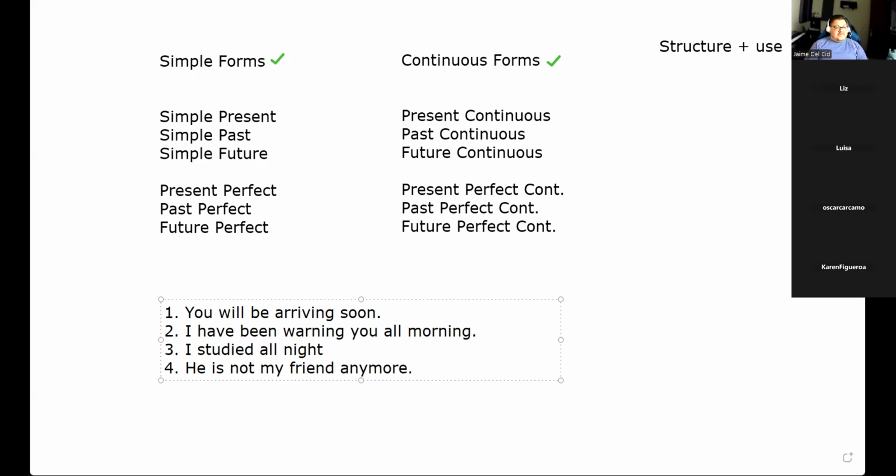Okay, so I have a couple of people who have not participated, so I want to give you the opportunity. I'm going to go with Miguel. Miguel, sentence number 1. Can you go ahead and read it and decide if it's a simple form or a continuous form?